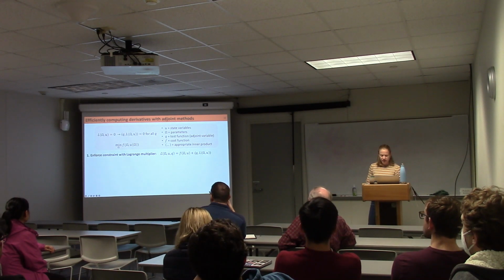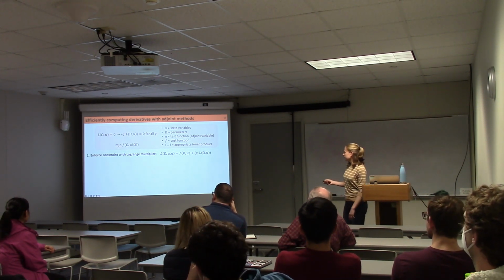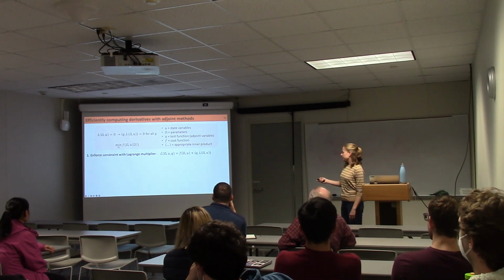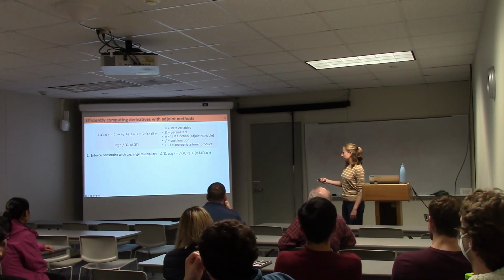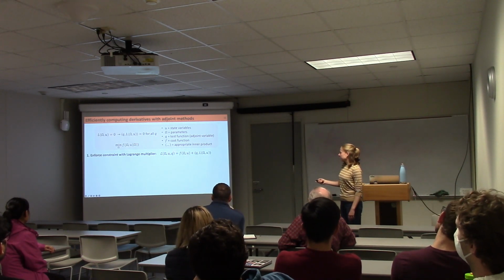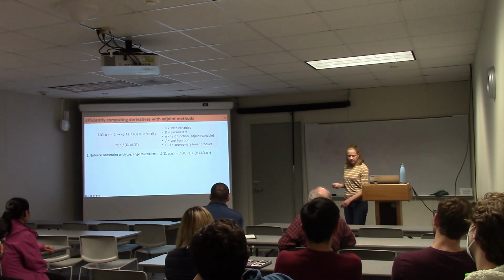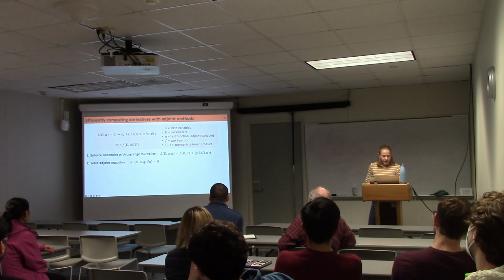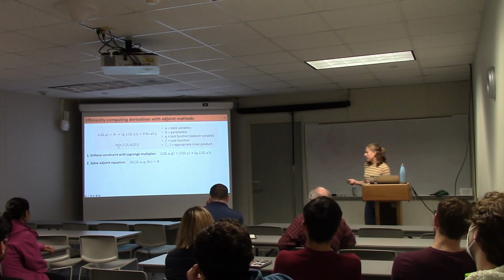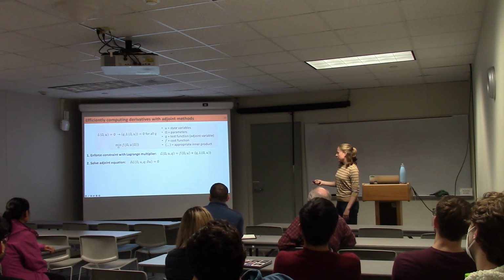We can enforce this PDE constraint by using a Lagrange multiplier. We define our Lagrangian, which depends on our parameters omega, our state variable U, and this Lagrange multiplier. Our Lagrangian is our objective function plus this constraint term. Then we can define our adjoint problem, which sets the derivative of L with respect to the state variable equal to 0.